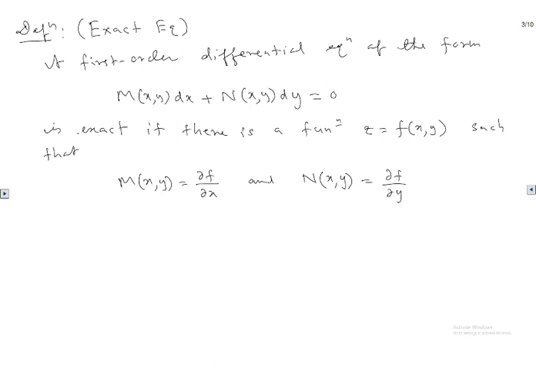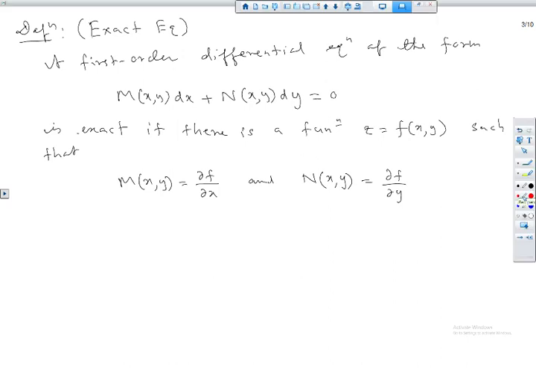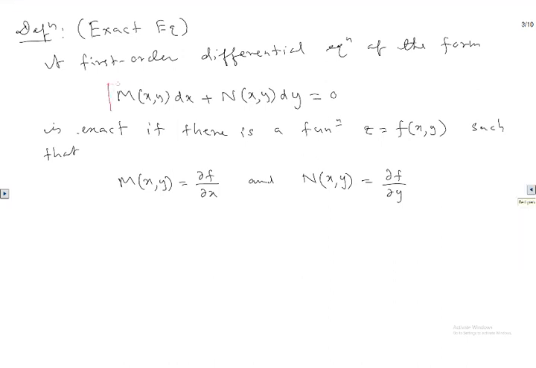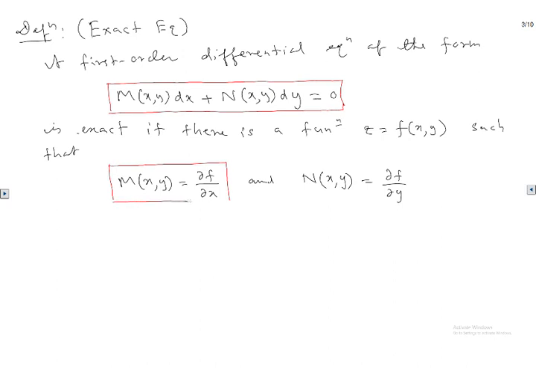Good. So that's how we write the differential equation. Remember, there's a plus sign here and x, y, so the order matters. We write x first and then y. We write M and N, such that the x partial derivative equals the first part, the y partial derivative equals the second part.